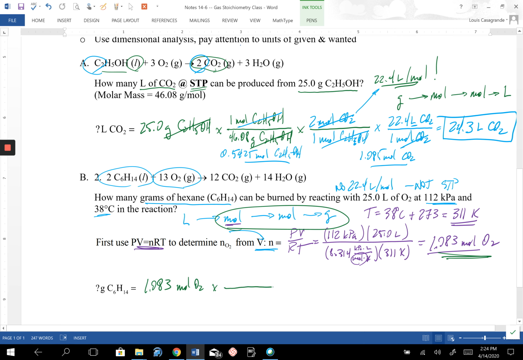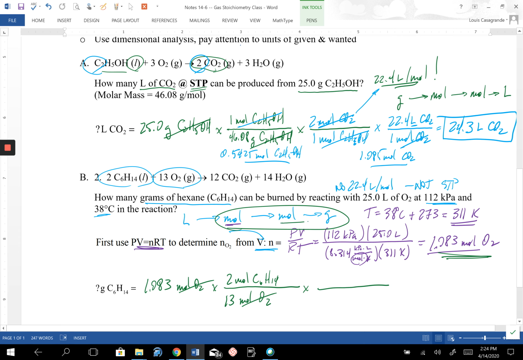Let's go to our balanced chemical equation, where I have 2 moles of C6H14 for every 13 moles, some nice coefficients there, huh, of oxygen gas. And cancel out the moles of the oxygen gas. Now we have moles of the hexane.